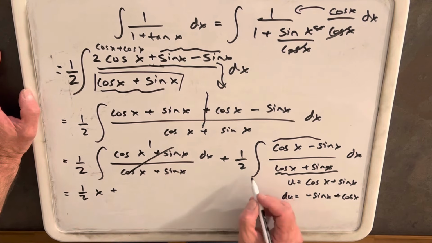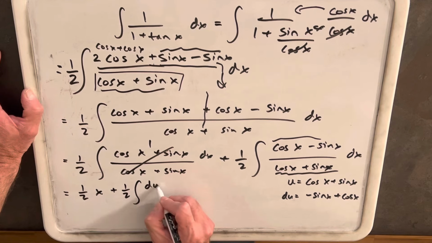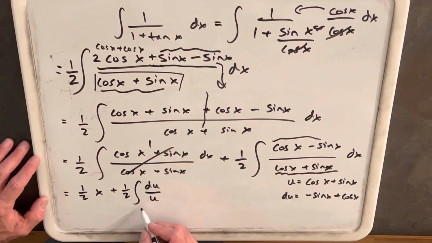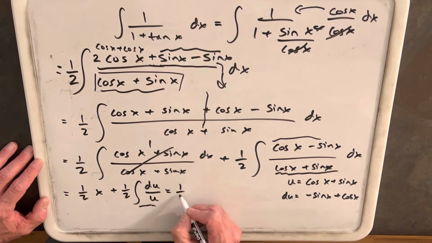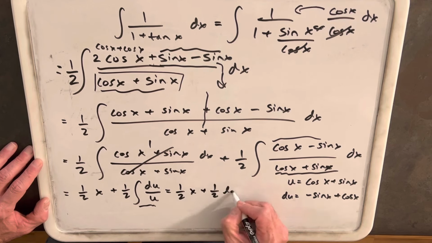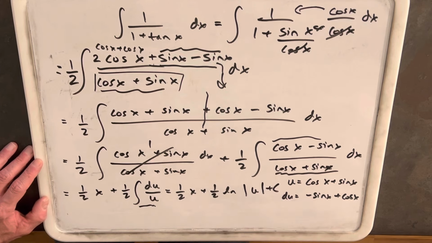So we can rewrite this second part as half du over u. But then this integral du over u is just the ln of u. So we're going to have half x plus half ln absolute value of u plus c.